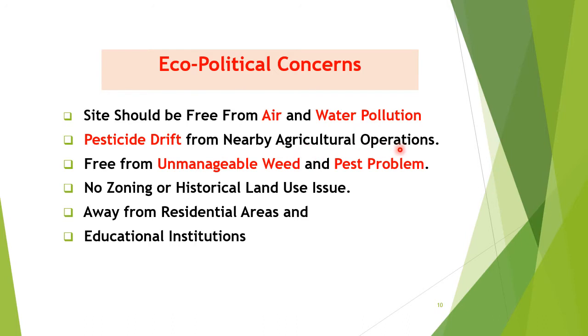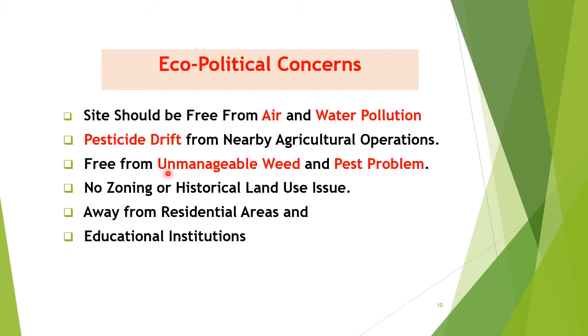The pesticides, when you are spraying in the area, there is always persistence of the pesticides. So if your nursery area is near agricultural land wherein pesticide operation has been done, there can be a pesticide drift, which will have an adverse effect on the plantation in the nursery.